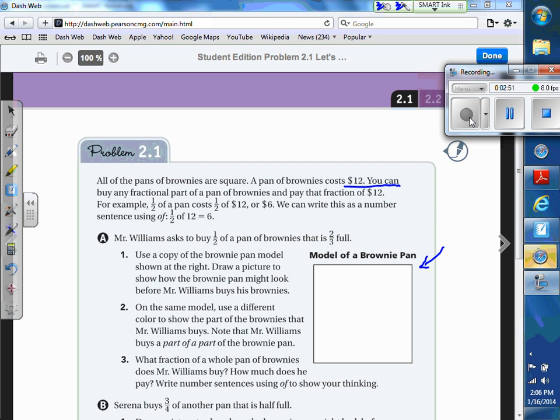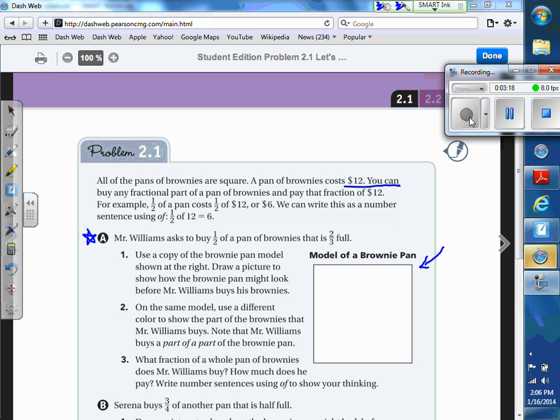You could buy any fractional part, just like the kids in the video, of a pan of brownies and pay that fraction of $12. For example, half a pan costs half of $12 or $6, right? And so you're going to use that concept to do these parts here.